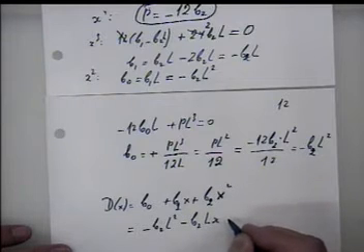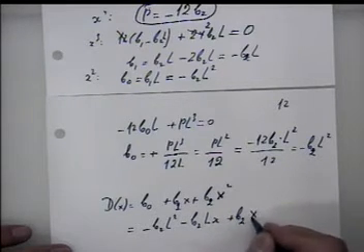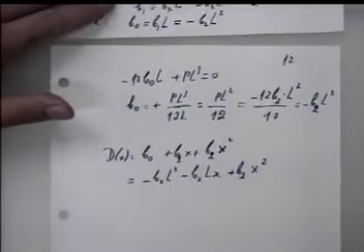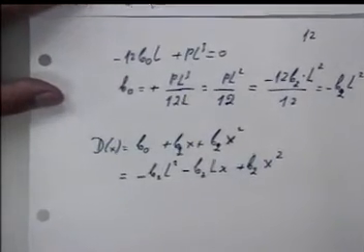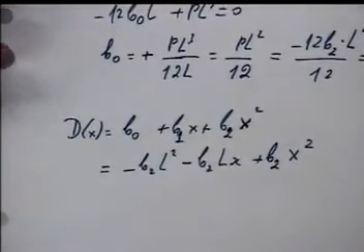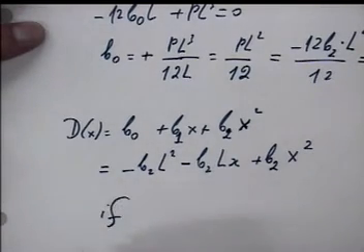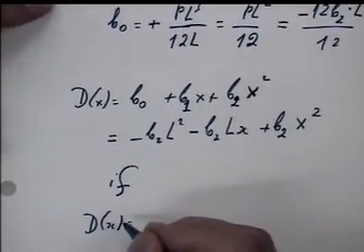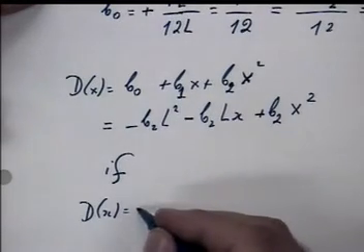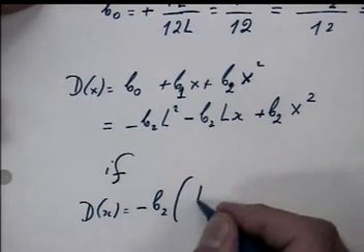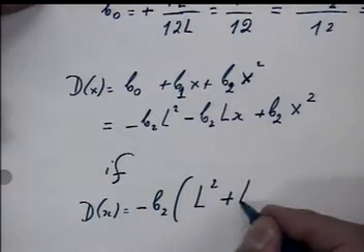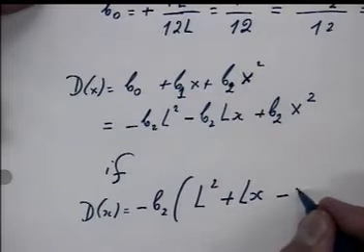And then there is B2x squared. So that means that d of x equals, let us take here minus b2, then we have L squared plus Lx minus x squared.